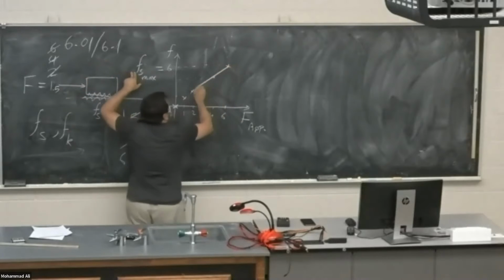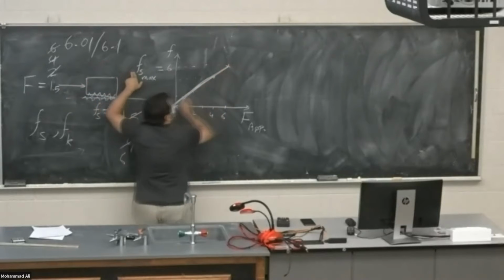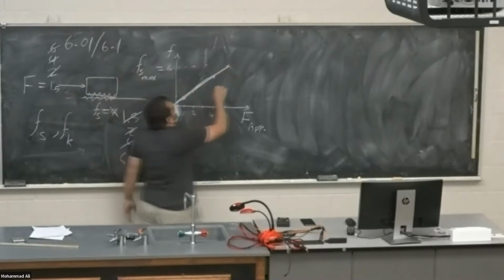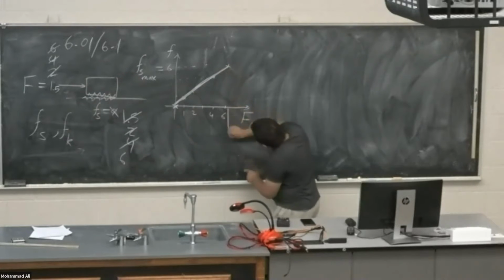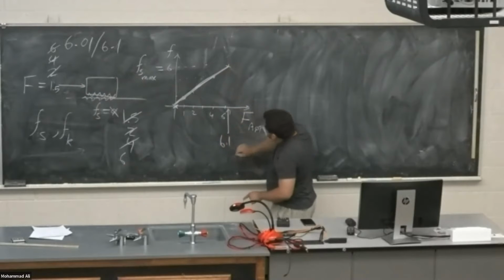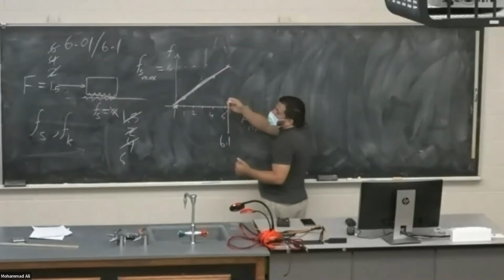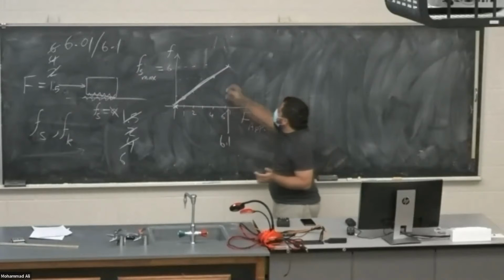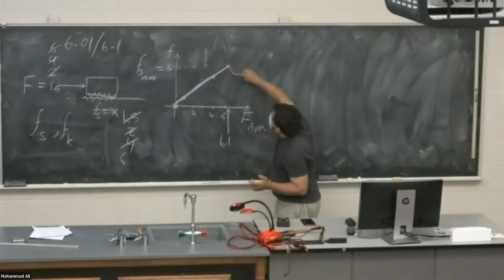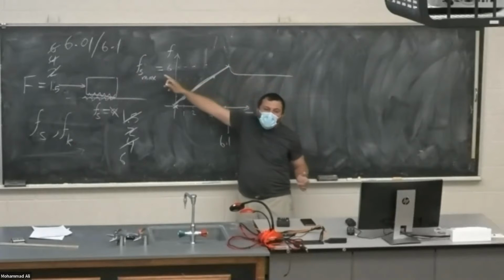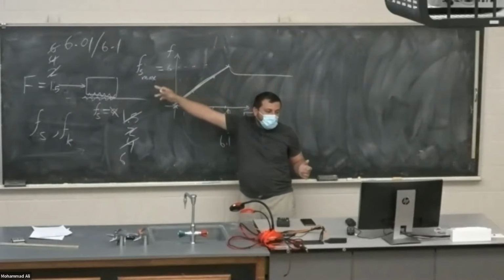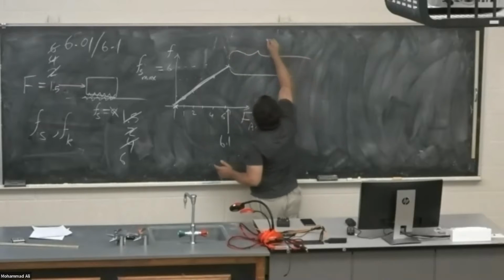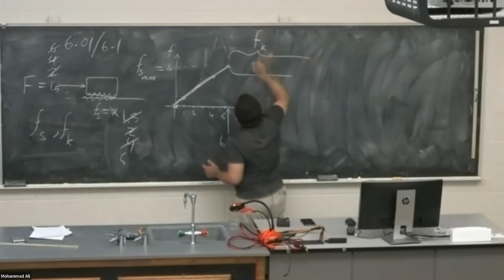And you can see that I have this line for the stationary object. But after just 6.1, for example, the object will start moving and the frictional force will be the Fk. It will also be smaller than the maximum value of the static force. So in this stage, I have F kinetic.